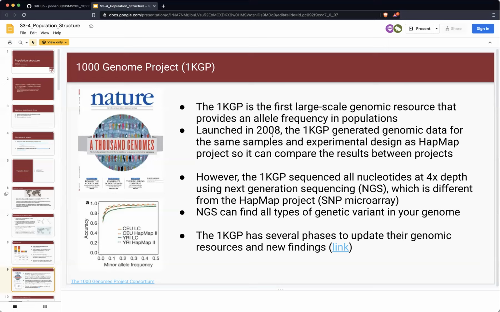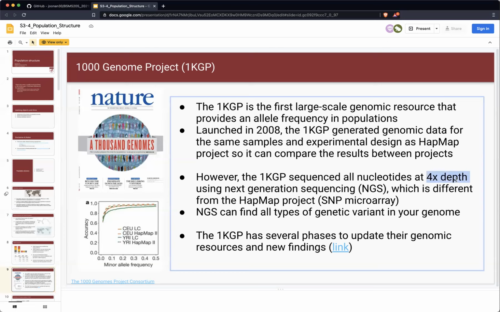So they're looking at all of the genotypes using the direct approach, which we discussed last time, and they access all of the nucleotides in our genome. But at the time, they're looking at 4 times depth, which appears here.